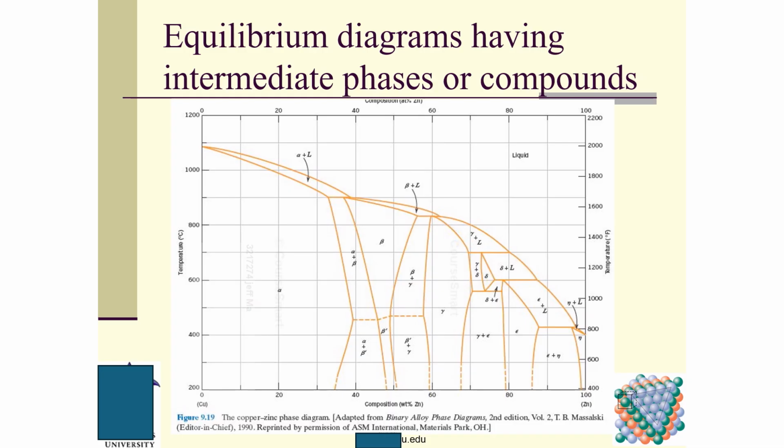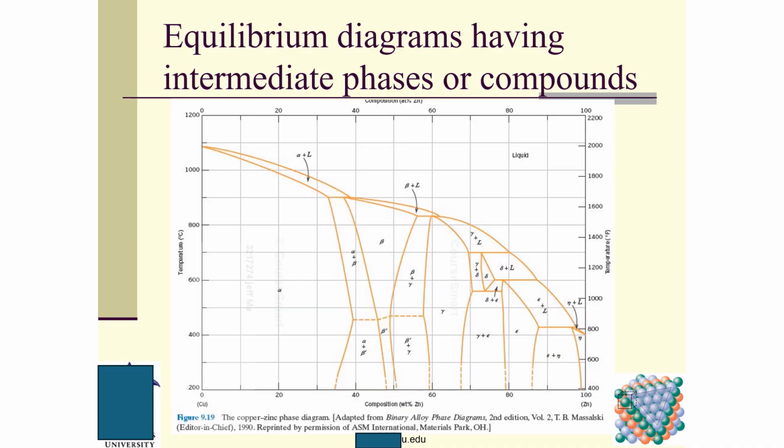You can see how complicated this phase diagram is. This is the copper-zinc phase diagram. This is alpha, this is liquid, alpha plus L, beta plus L, gamma plus L, delta plus L, and epsilon plus L. Here is eta.